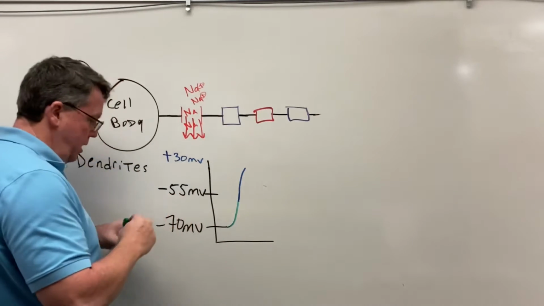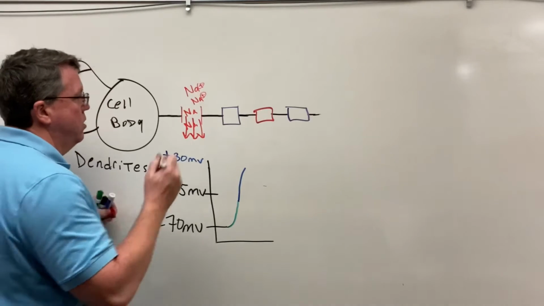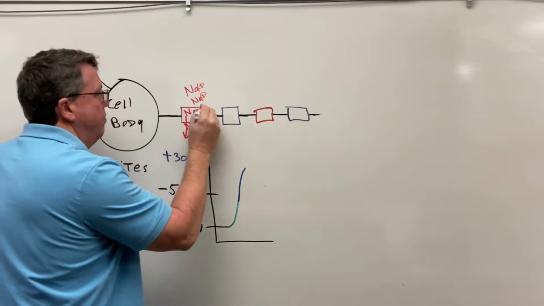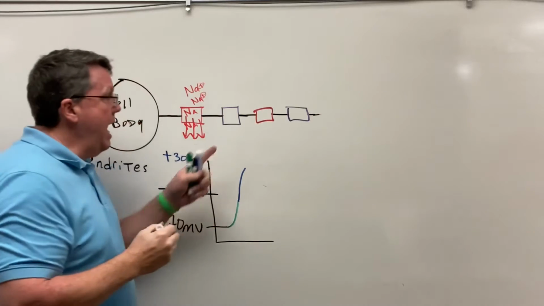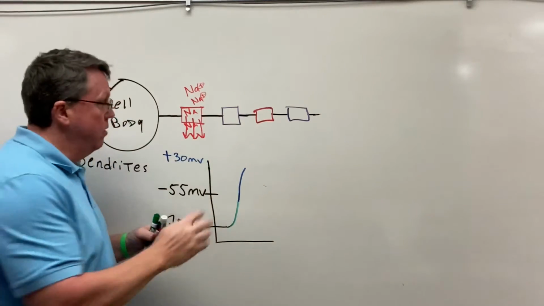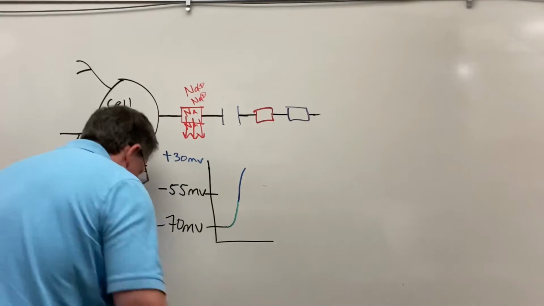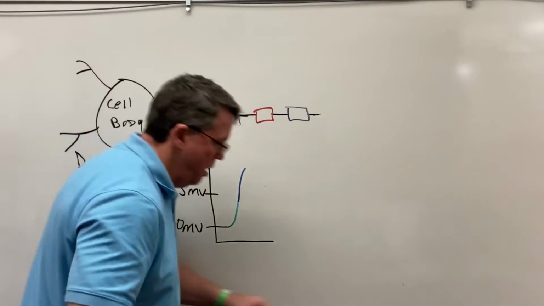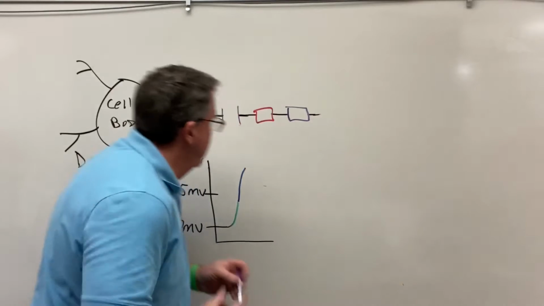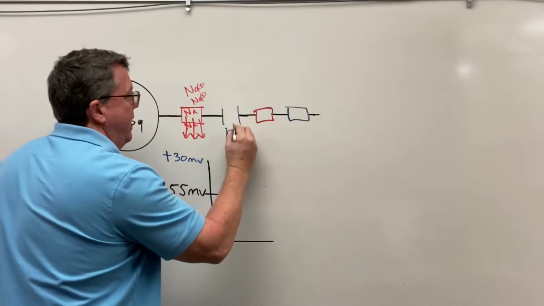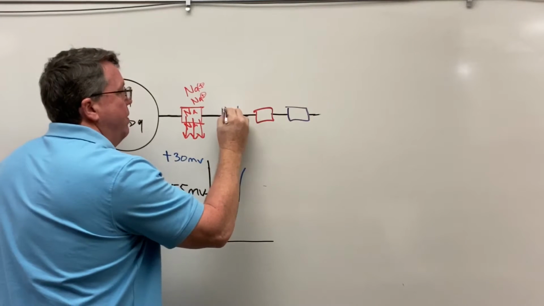And we said when it was at plus 30, these sodium gates would close, and now my potassium gates open. So here's my potassium gates open, and here comes my potassium rushing out.